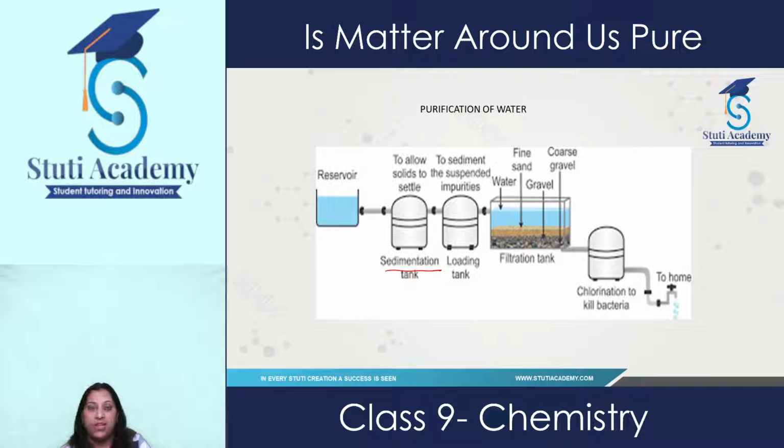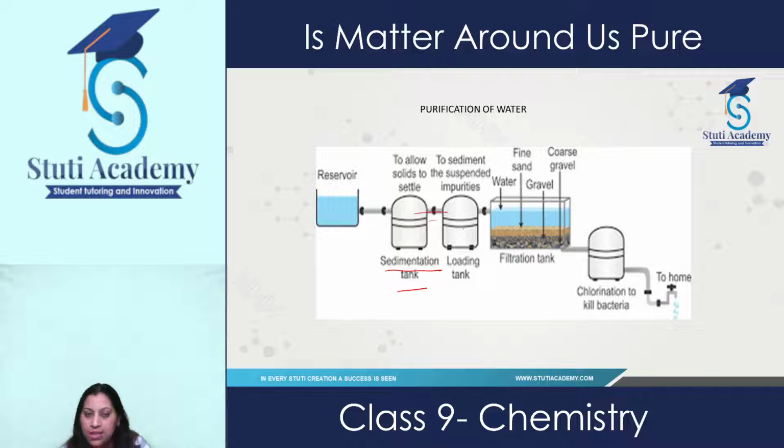The use of the sedimentation tank is that it allows the heavier particles to settle at the bottom. So whatever impurities are present in water that are heavier in weight will settle down. Being heavier, they will not remain suspended in the water, so they settle down at the bottom and then it passes to the loading tank.